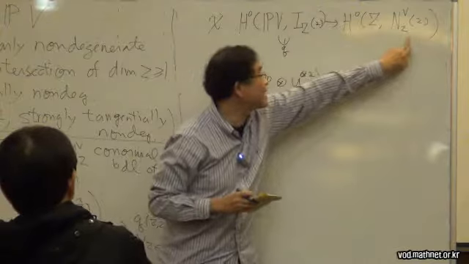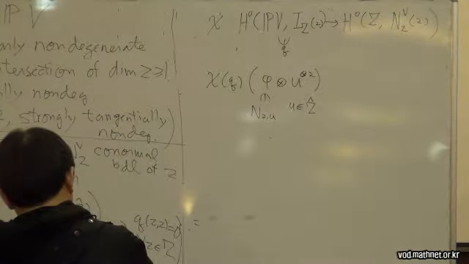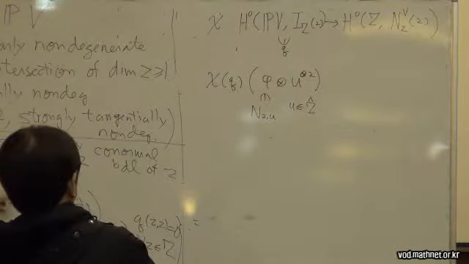So I have to specify the value of this at this point. Because this is a section of this conormal bundle, which means it's a functional on the normal bundle.